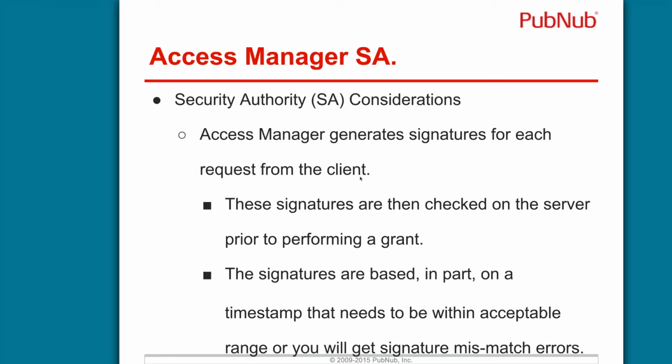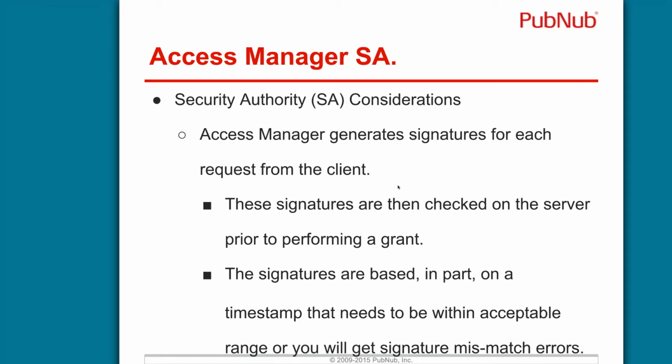Okay, so the takeaway from that is that when you develop an application to be a security authority, ensure that it's going to be running in an environment that is configured for NTP or to have the date and time set automatically.